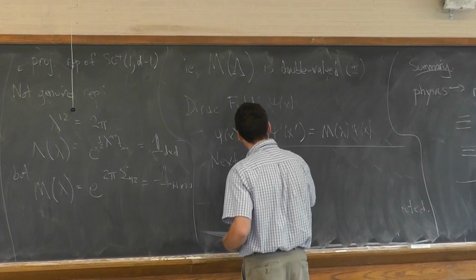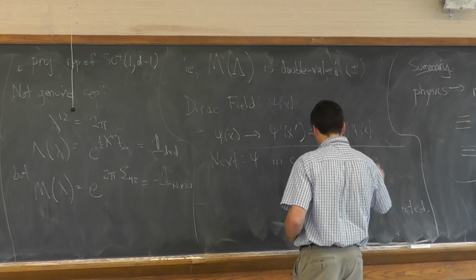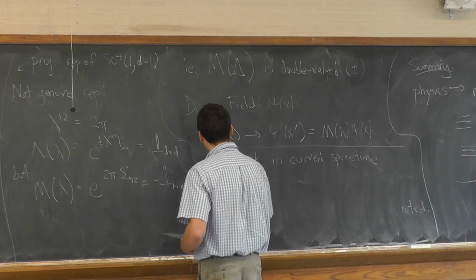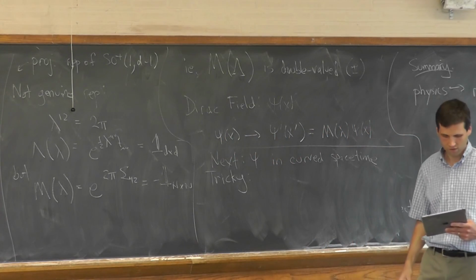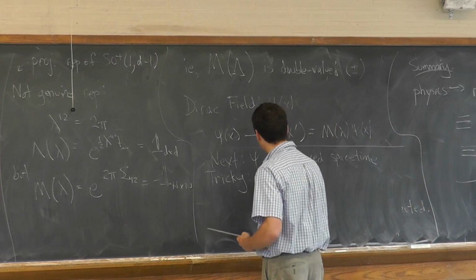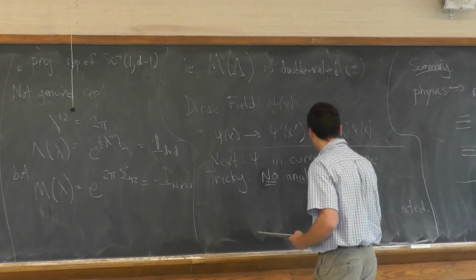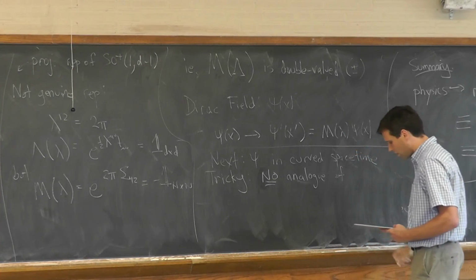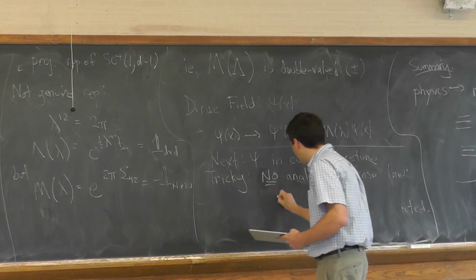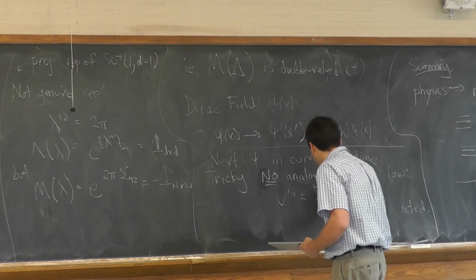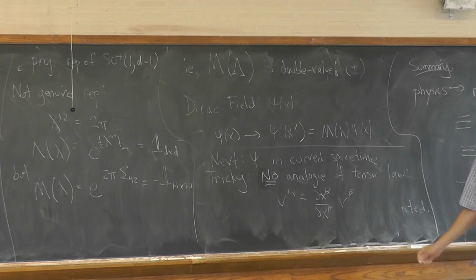So if we want to put psi in space-time, at an operational level, one of the reasons that this is hard is because there's no analog of the tensor transformation rule that says V prime alpha is equal to dx prime alpha over dx beta V beta.